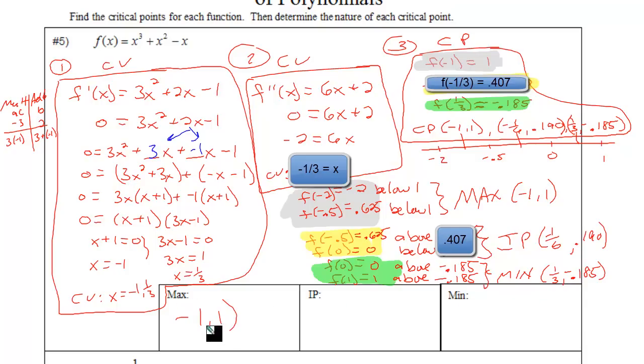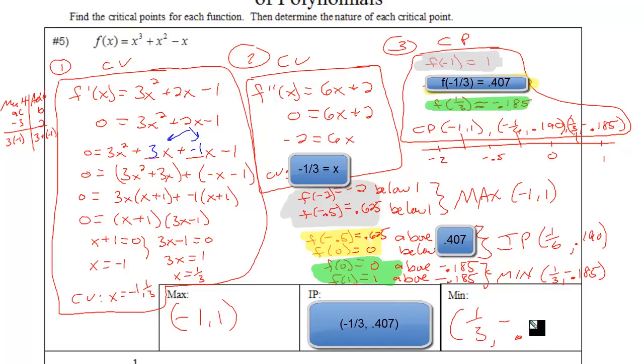So our maximum is negative 1, 1. Inflection point is negative 1/6, 0.190. Minimum is 1/3, negative 0.185. Once again, you should know this without doing any of this work, although I am requiring you to show this work. Looking at this original function, you should know that its parent graph is y equals x cubed, which looks like this.